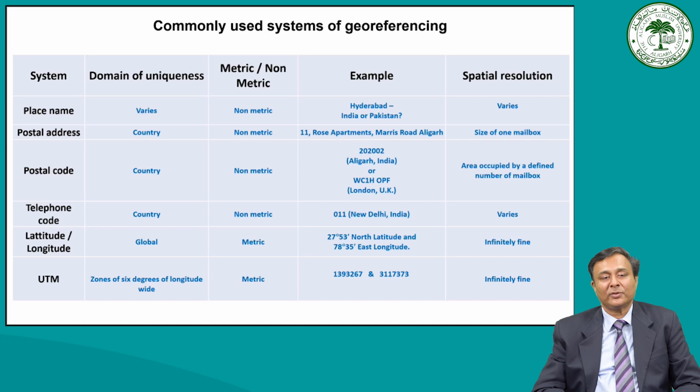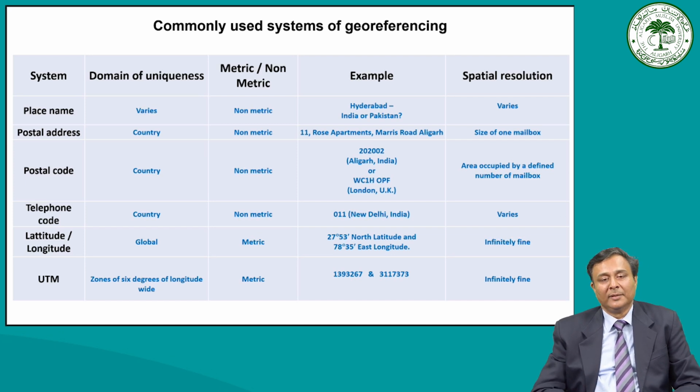Another, you can take the postal code. Again, the uniqueness only belongs to the country. Different countries have different methods of representation for postal code. So again, the uniqueness does not exist. And again, I would say that this may not work for spatial information. Similar is the telephone code. Earlier when we had landlines, each city in our country had a specific telephone code.